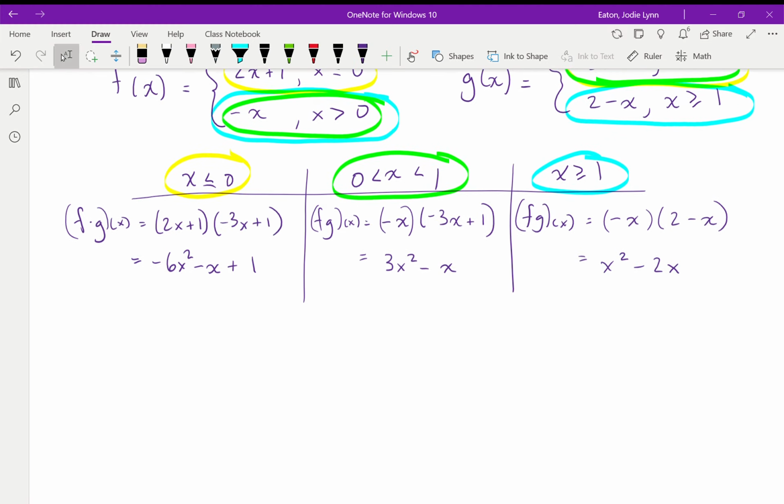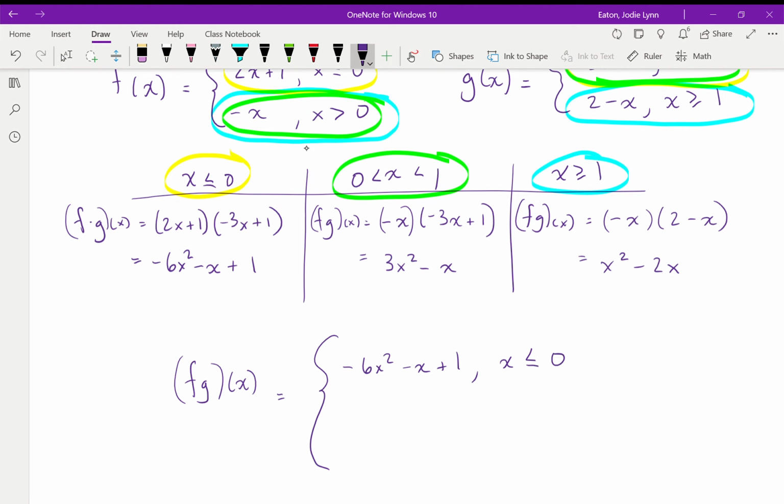Okay, so now we have 3 different quadratic equations for our f times g of x. So our f times g of x, we are going to need to define piecewise, as we did with our original functions, except this time there are 3 pieces. So we have our first one, which is negative 6x squared minus x plus 1 for x less than or equal to 0.